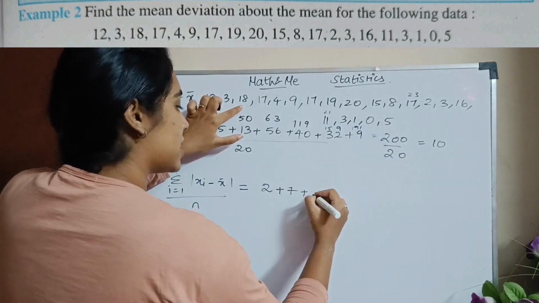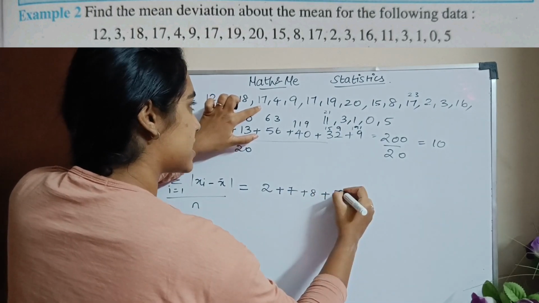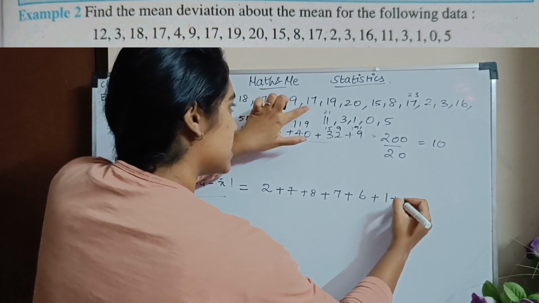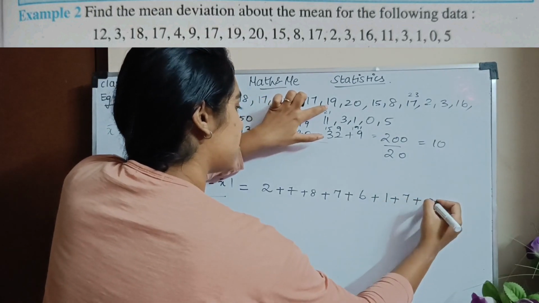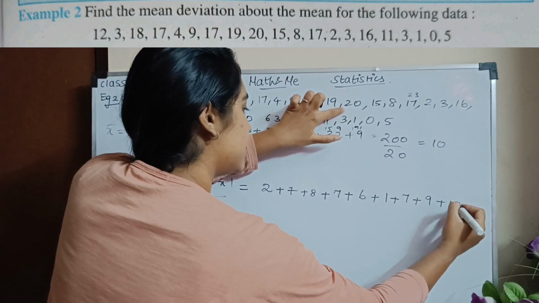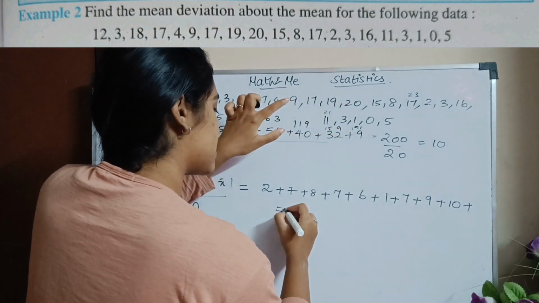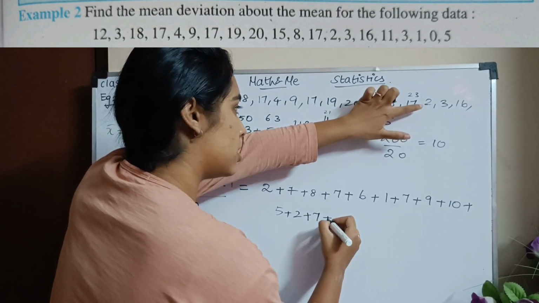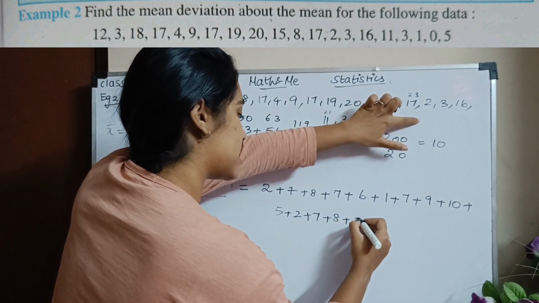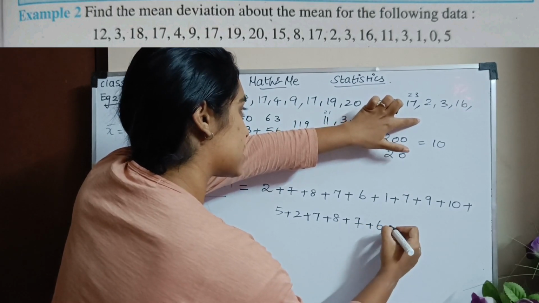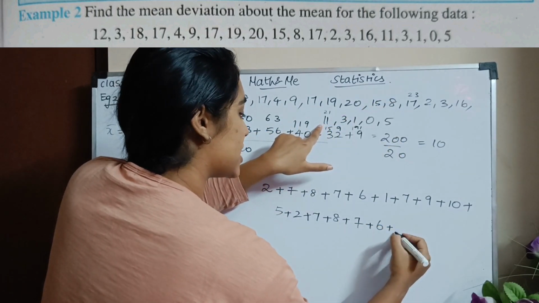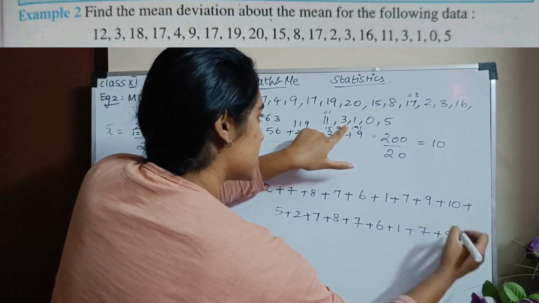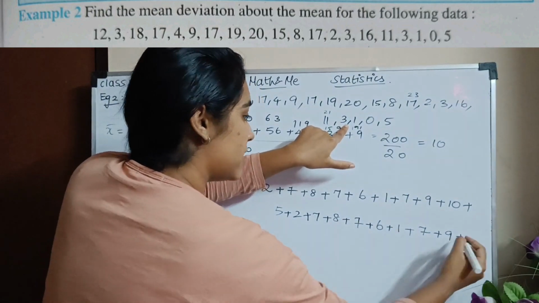Plus 18 minus 10 is 8, 17 minus 10 is 7, 4 minus 10 is 6, 9 minus 10 is 1, 17 minus 10 is 7, 19 minus 10 is 9, 20 minus 10 is 10, 15 minus 10 is 5, 8 minus 10 is 2, 17 minus 10 is 7, 2 minus 10 is 8, 3 minus 10 is 7, 16 minus 10 is 6, it is not finished yet, 11 minus 10 is 1, 3 minus 10 is 7, 1 minus 10 is 9, and 0 minus 10 is minus 10, which is 10.